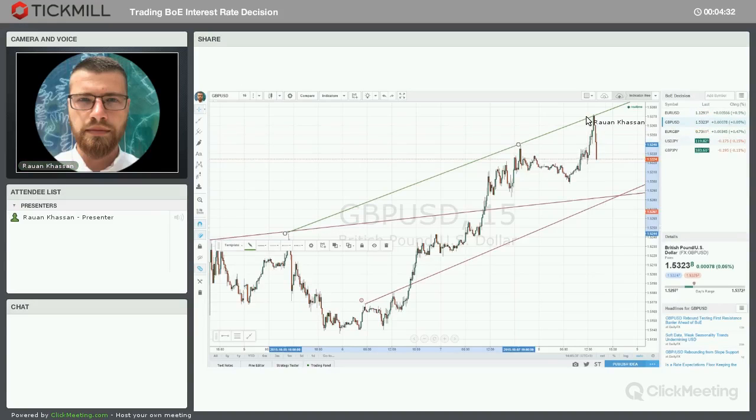So the pair has got a very precise testing of the trend line, and declined by 50 points.